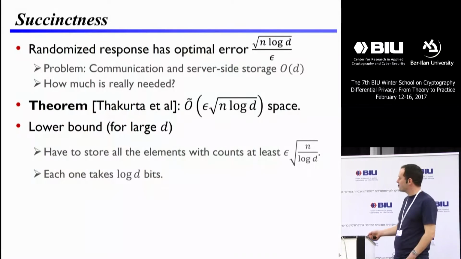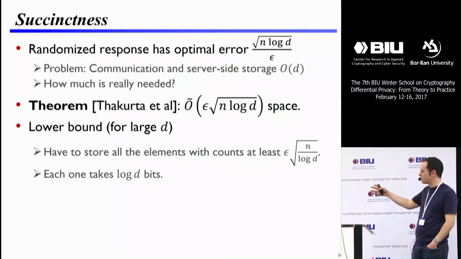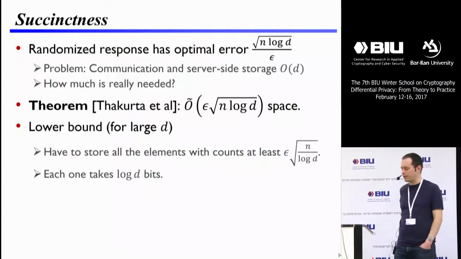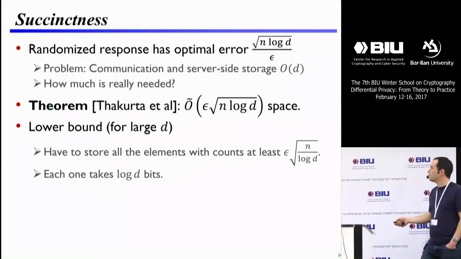The lower bound, it turns out, is trivial here. Let me explain the lower bound, at least when d is large. By the way, this bound is for when d is significantly larger than n. If d and n are comparable, it's a little more complicated, more like log of d choose n or something. Anyway, when d is large, it's easy to see what's going on.